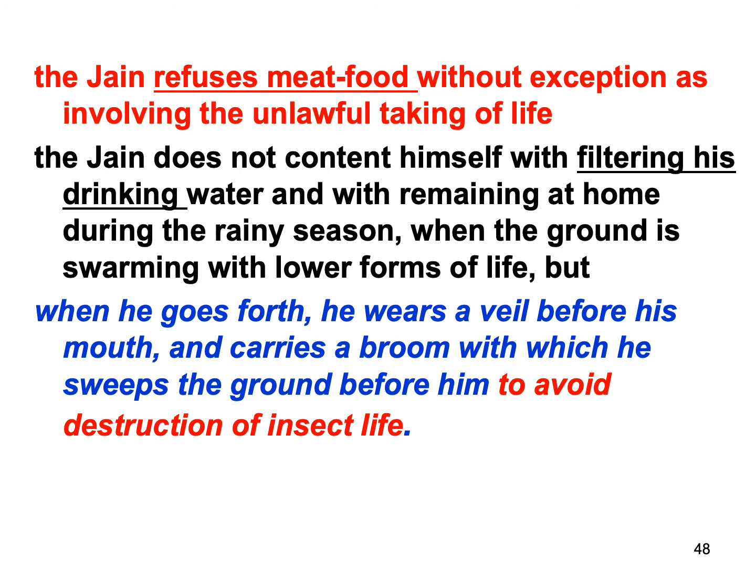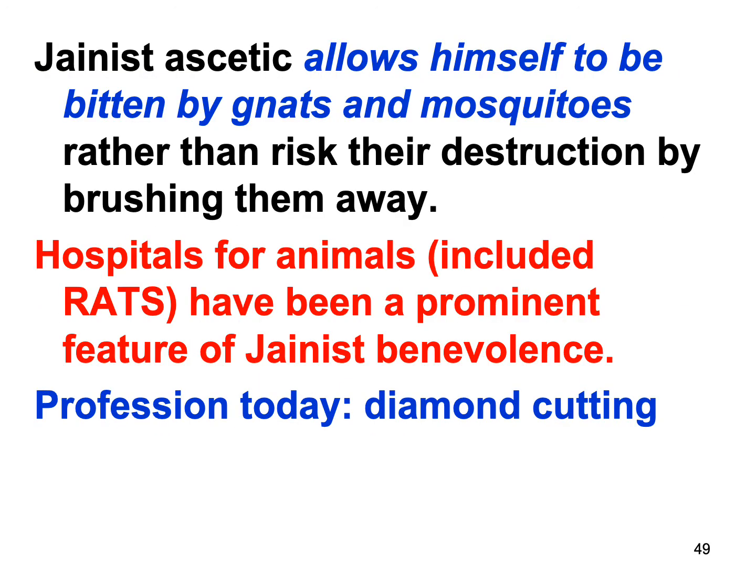But when he goes forth, he wears a veil before his mouth and carries a broom with which he sweeps the ground before him to avoid destruction of insect life. The Jainist ascetic allows himself to be bitten by gnats and mosquitoes rather than risk their destruction by brushing them away.